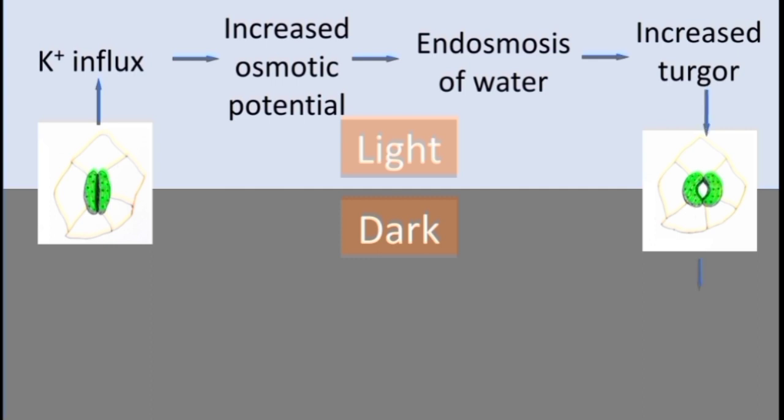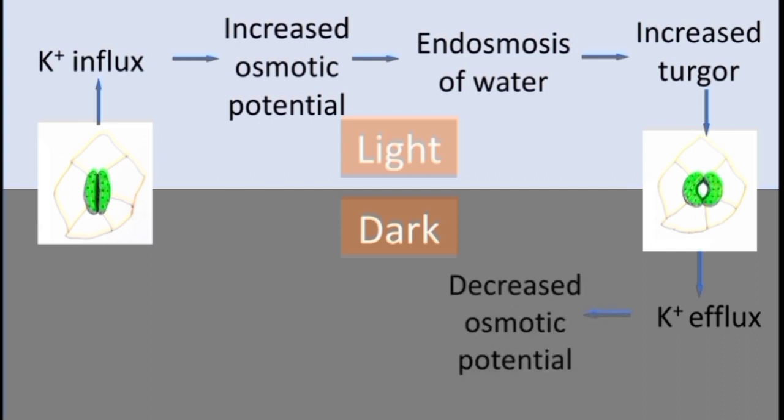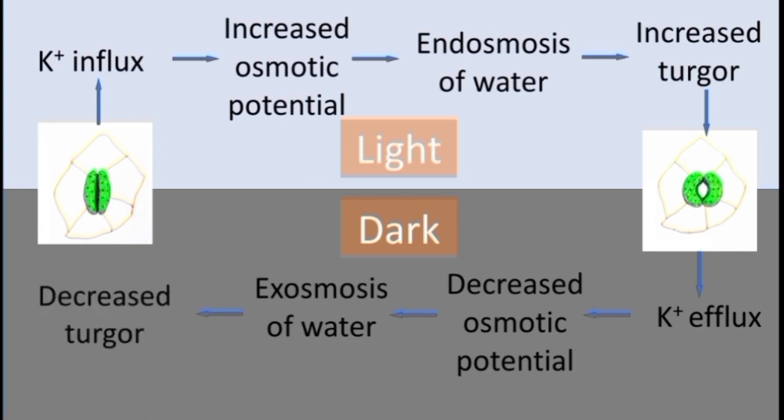But in the dark, potassium efflux takes place, that is potassium ions come out of the guard cells, and therefore the osmotic potential of these guard cells decreases, leading to the exosmosis of water, and ultimately the turgor of the guard cell decreases and the guard cells lose their turgid state, so the stomata close.